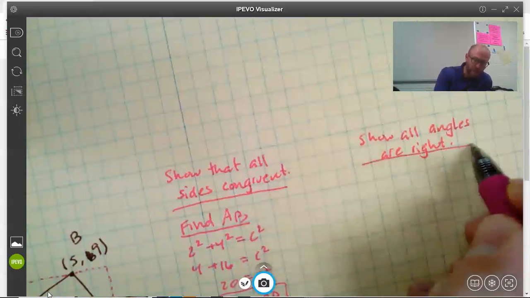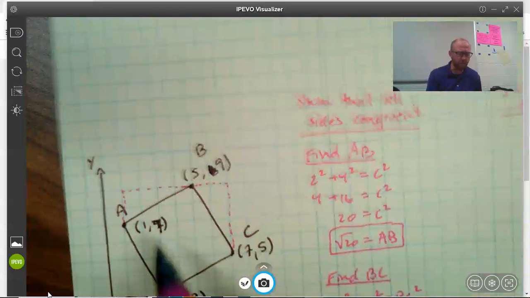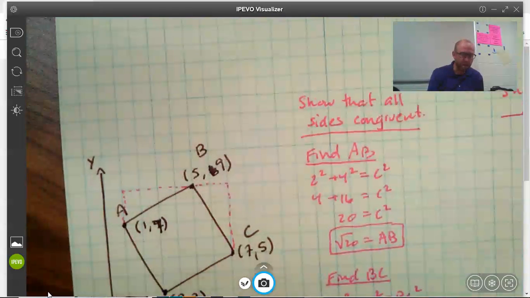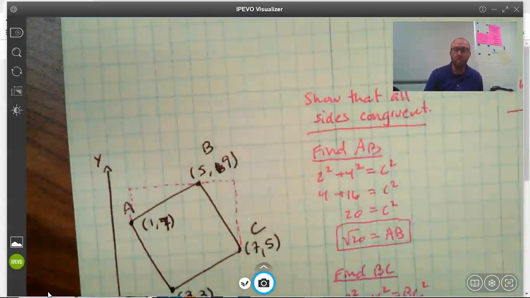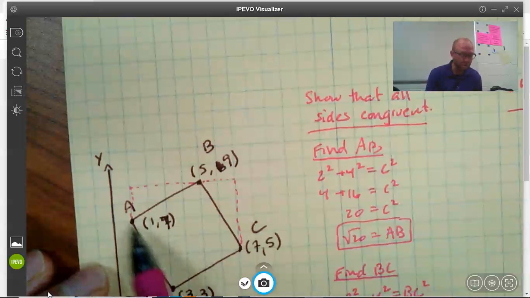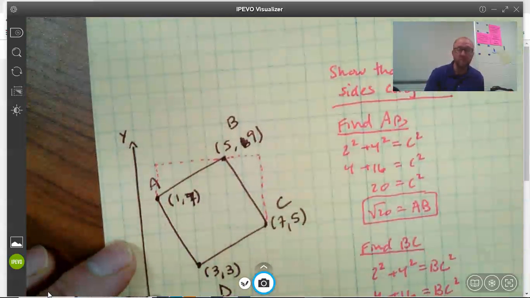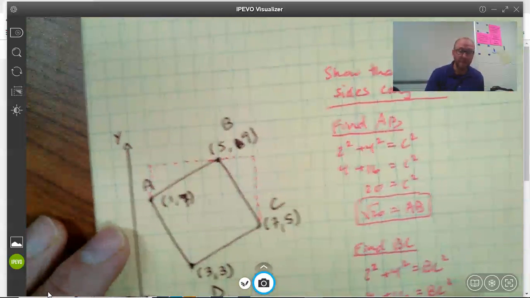Okay. Now in the coordinate plane, if we're showing that all the angles are right angles, what we're showing is that the sides are perpendicular, or they're perpendicular lines or segments. And to do that, we have to look at their slopes. So we want to show that the slope of AB is the negative reciprocal of the slope of AD.